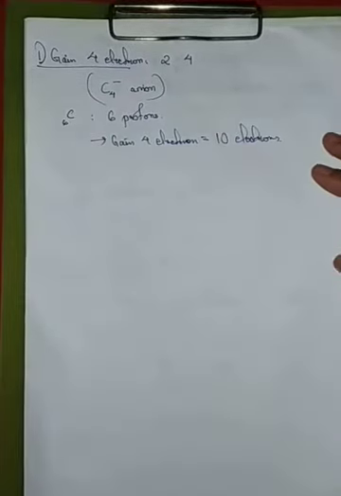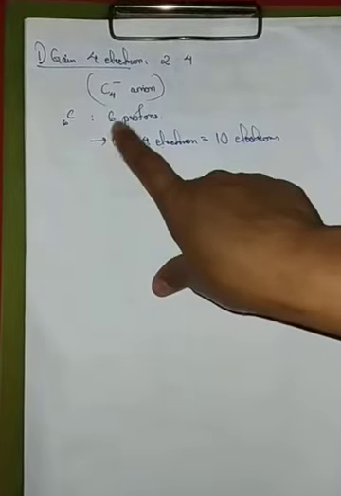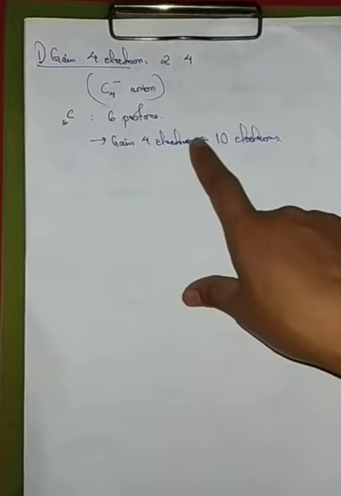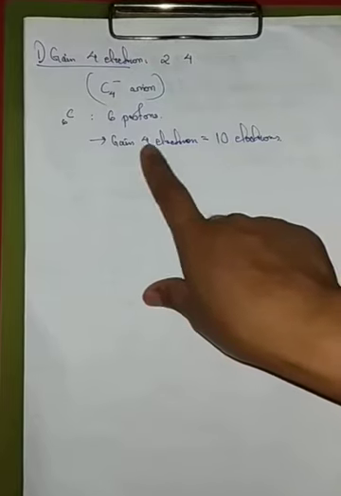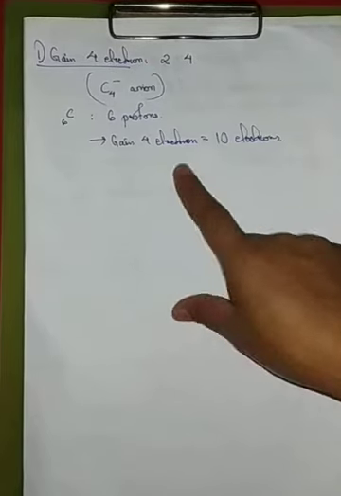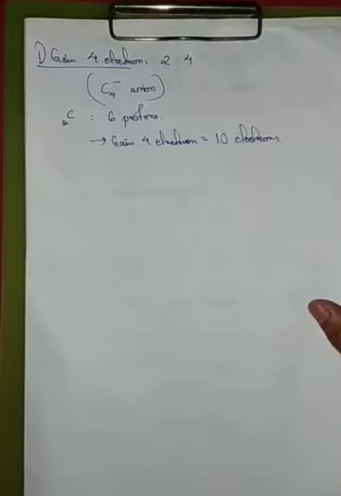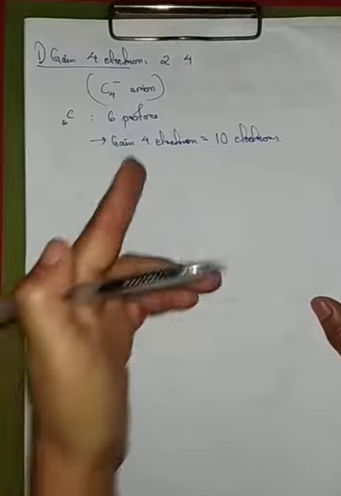It would be very difficult for a nucleus with only 6 protons to hold on to 10 electrons after gaining 4 extra electrons. Therefore, a very huge amount of energy would be required. That is the first case.